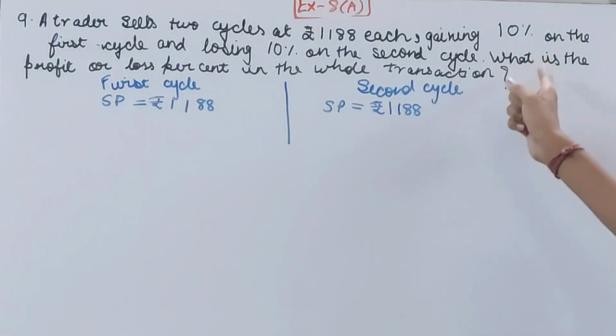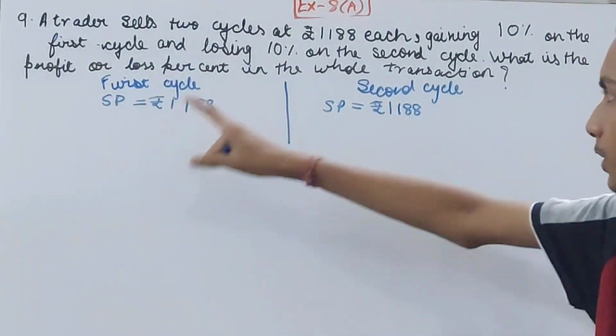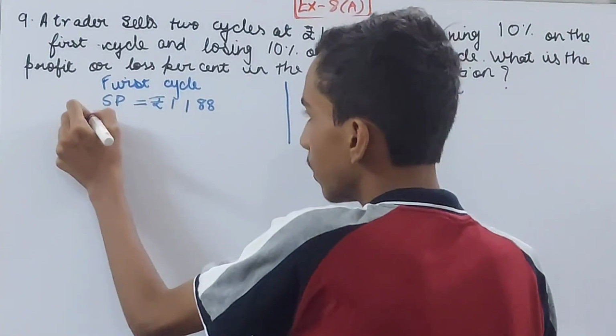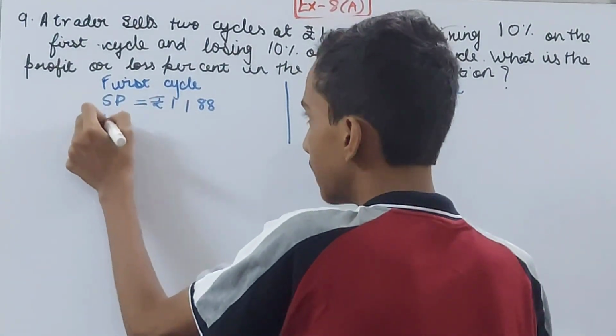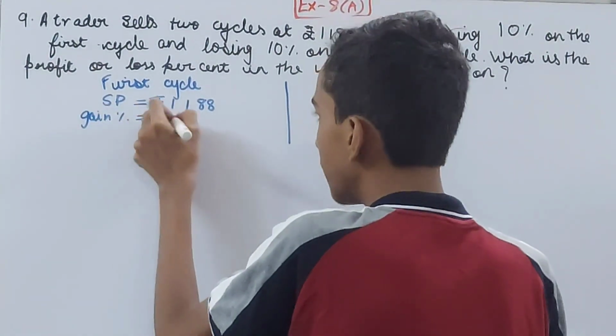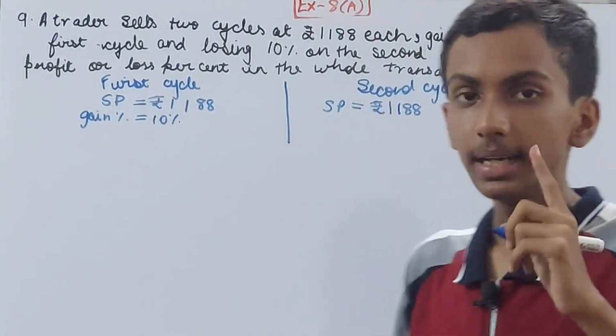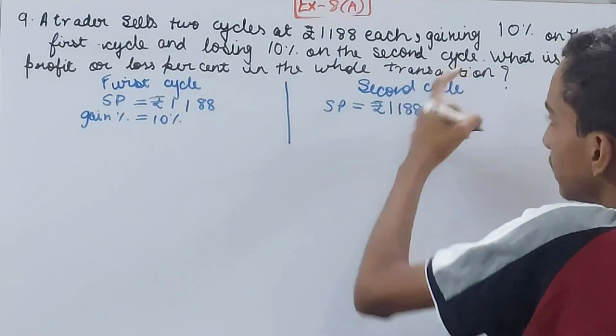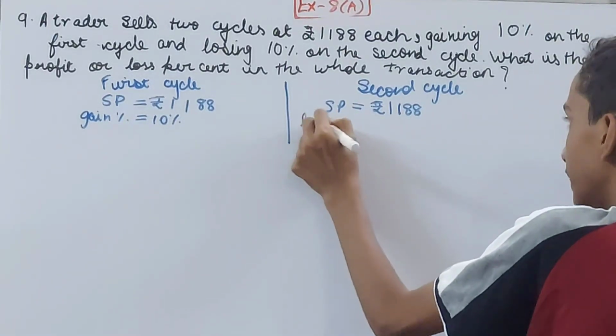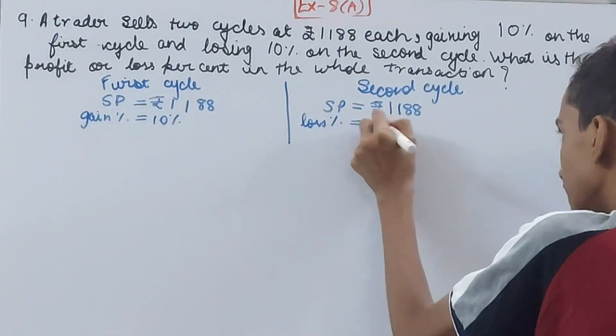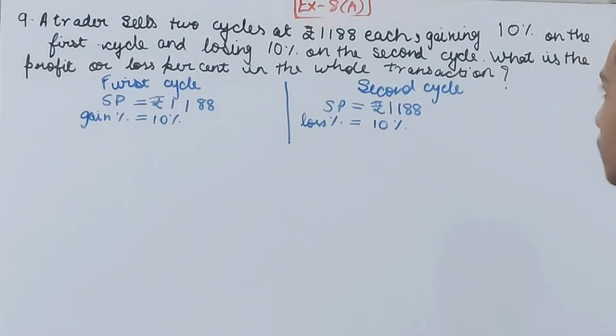Now gaining 10% on the first cycle, so the gain percent is 10%, and losing 10% on the second cycle, so the loss percent on the second cycle is 10%.